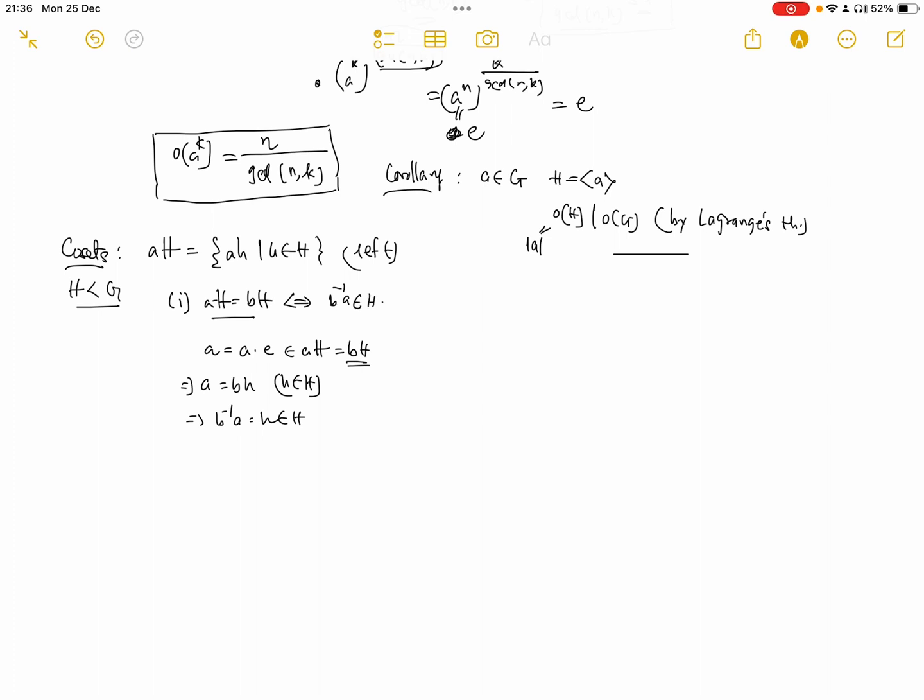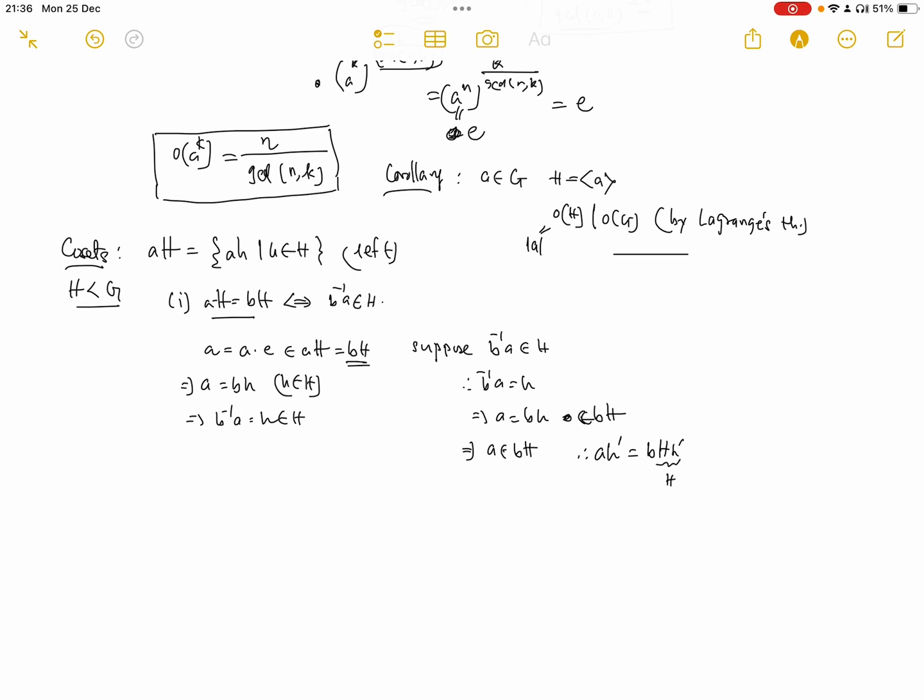And also conversely, suppose B inverse A is in H. So that means B inverse A looks like some h, and so A is B times h, which is in BH. So A is in BH. So whenever you multiply any other element h prime with A, you get B h of some h prime, right?